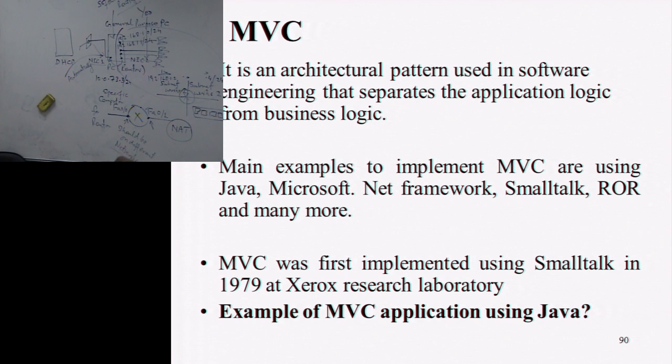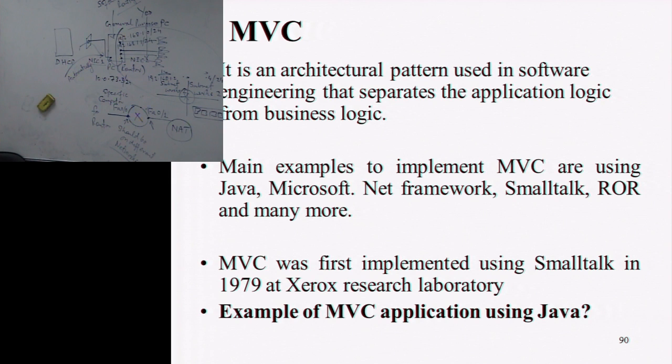The business logic is coming from the model. And the processing logic is on the interface where you are selecting the items to add in the shopping cart. And the controller is hidden there to control all the traffic, the input and the output from the model and the view.